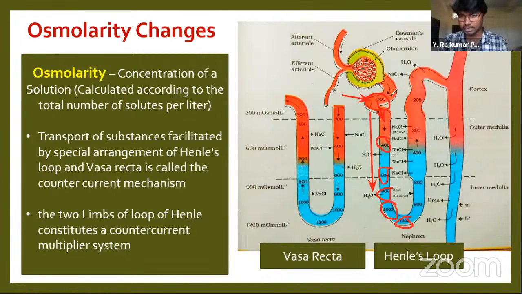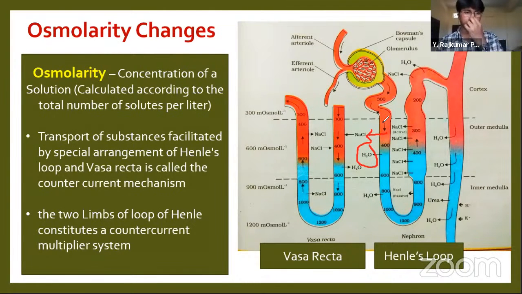How does it increase? That's the question. See here, because of the outward movement of H2O, that means water, the concentration of the solution is increasing.